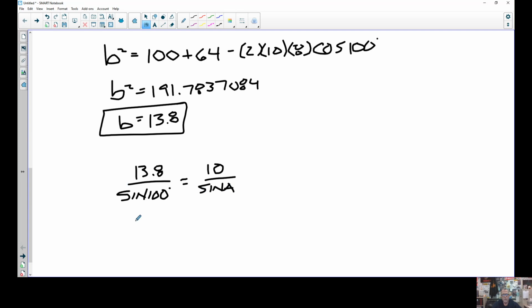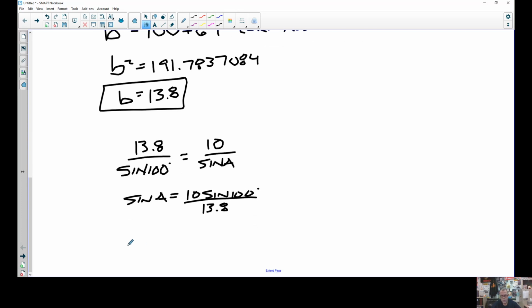All right, so I know sine A equals 10 sine 100. Again, I might have glossed over that quickly. I'm using law of sines now because, again, it's quicker and easier than law of cosines. And it's the most appropriate to use after this to finish this up. So we can find angle A here.